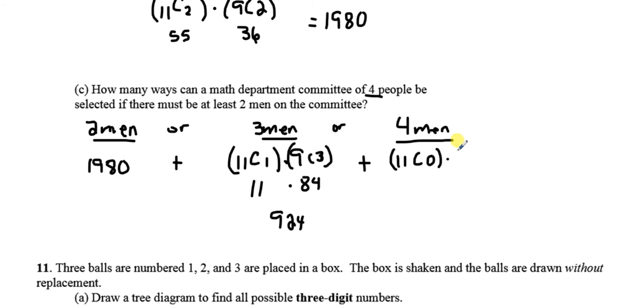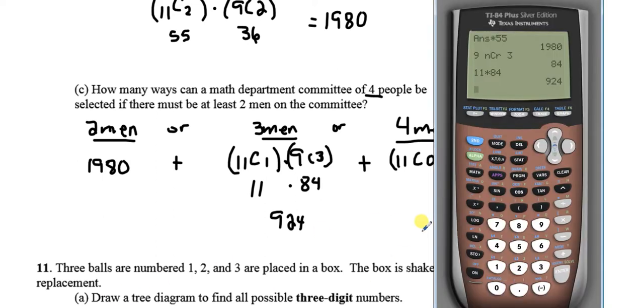And there were 9 men to choose from, and we're going to choose all 4 of them to be men for the committee. 9C4 is 126.